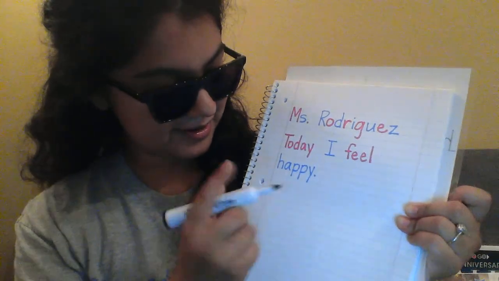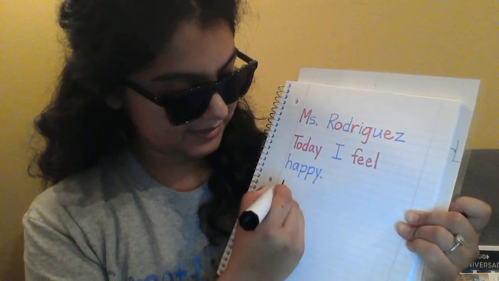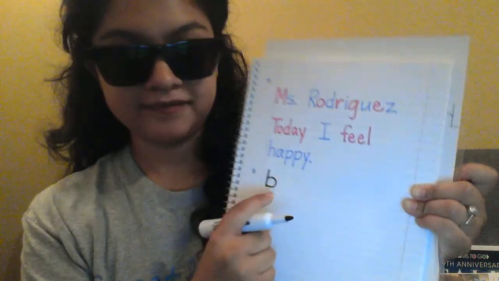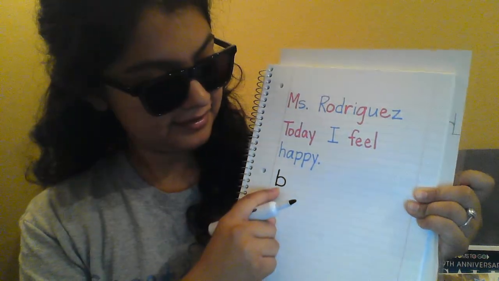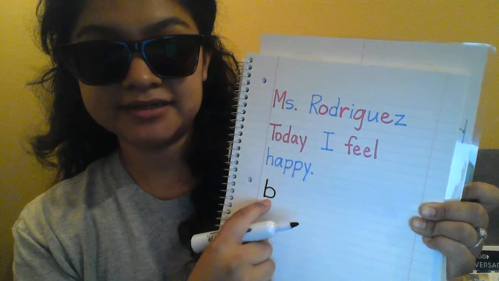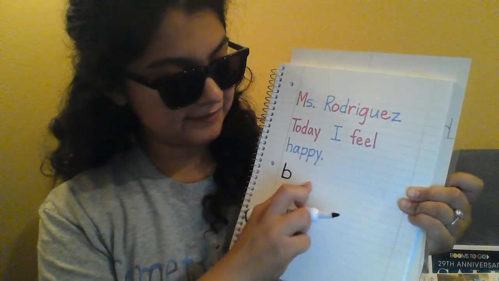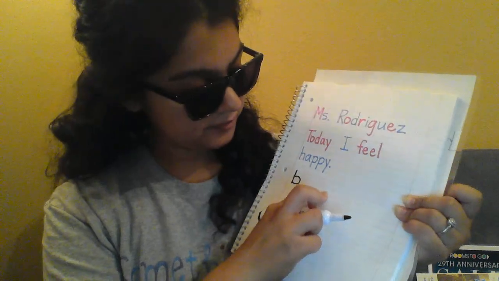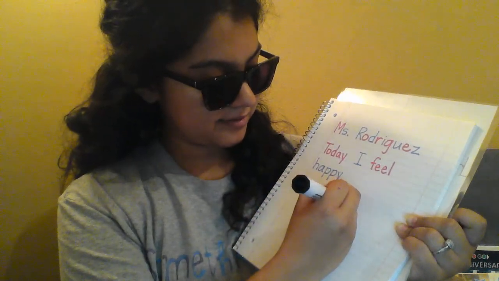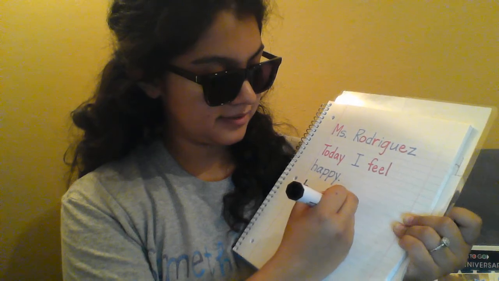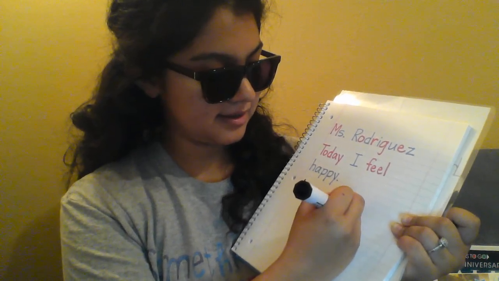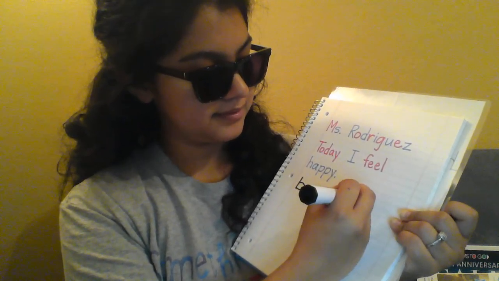First, I'm going to write the letter B so that I remember that that is the letter that I am trying to come up with a word for. So B, and then I'm going to skip a little bit of room and write my word bubbles. B, U, B, B, bub.